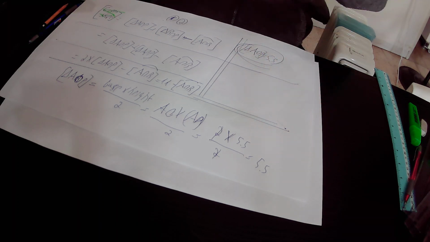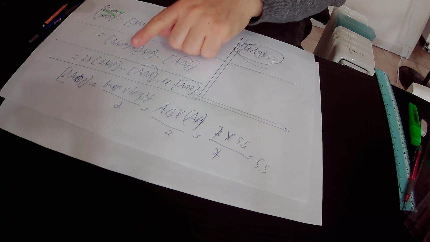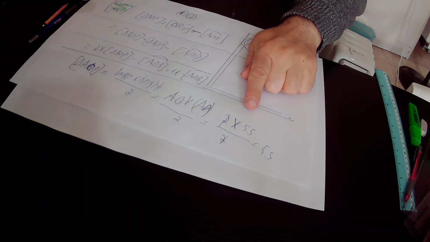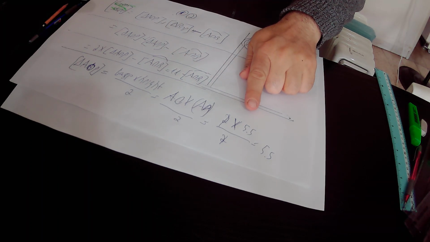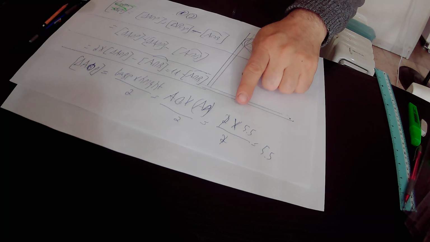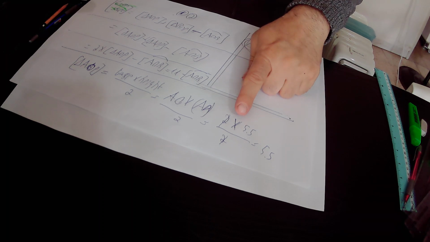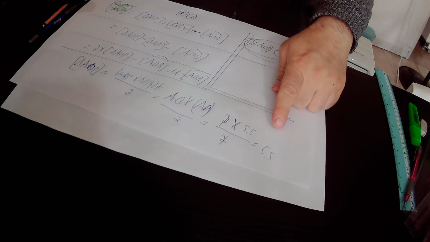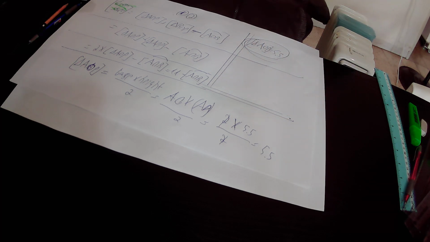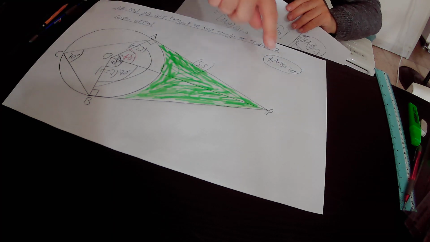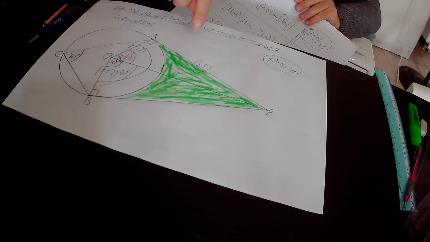In conclusion, the area of the right upper triangle AOP equals 2 times 5.5 over 2. We have 2 in the numerator and 2 in the denominator, so the 2 gets cancelled, and we are left only with 5.5. So the area of the upper right triangle AOP equals 5.5 square units.